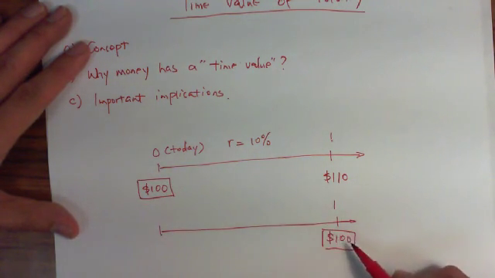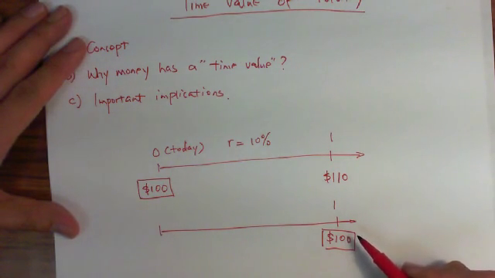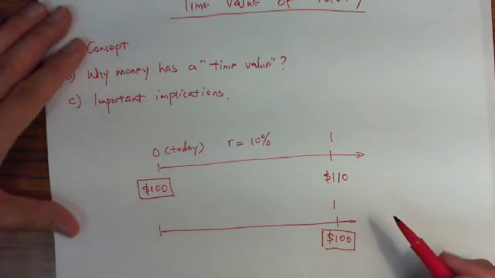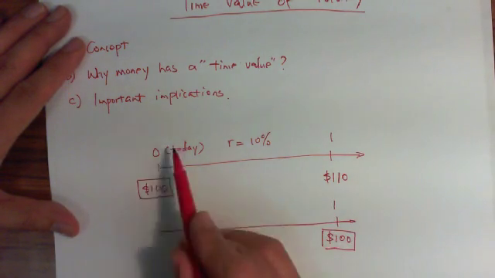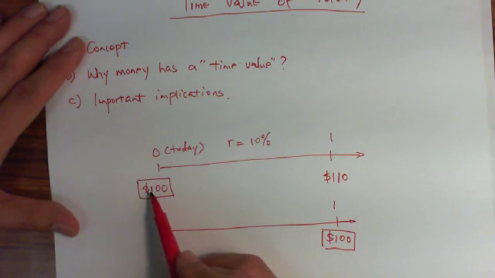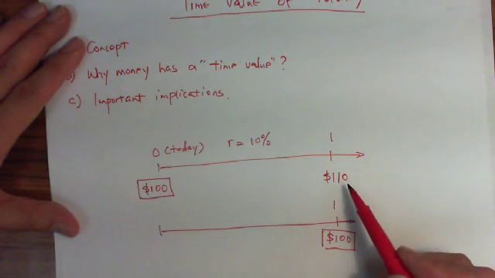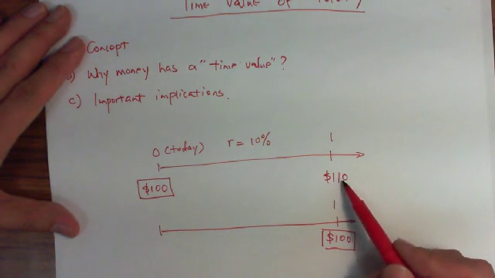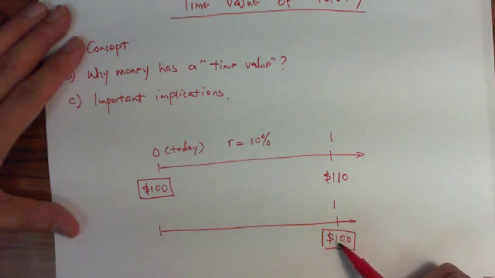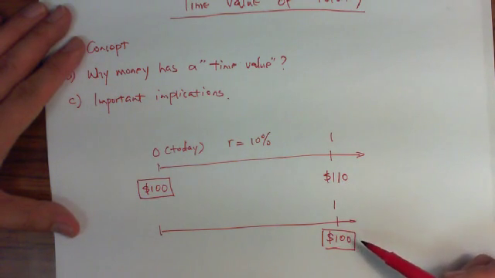Now these two $100 bills are different. Why are they different? Because if we look at the first timeline, this $100 is the same as $110 at the end of the first period. Now, this $110 is more than the $100 on the second timeline.